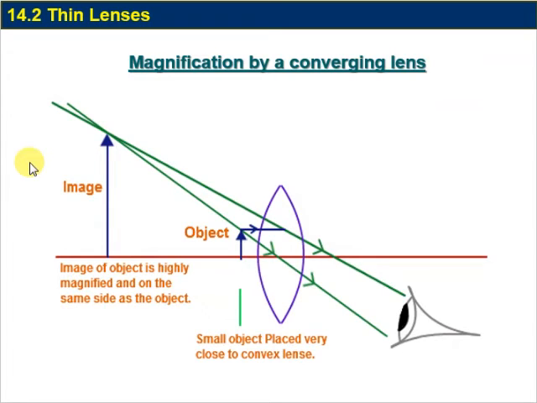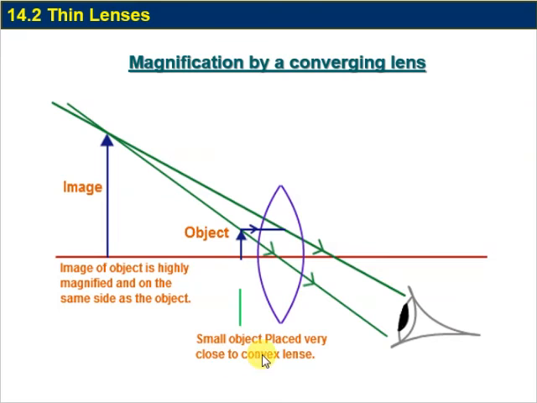Okay, so for sure, maybe all of you have a magnifying glass. You can try it. You can just hold the magnifying glass over a piece of paper with some words, and you can see how the words look bigger when you look through it, and they look farther from the lens than the object.